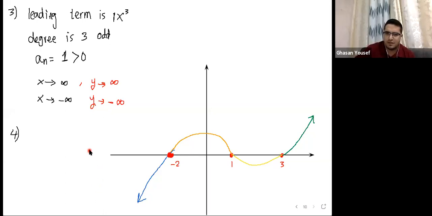So it's clear? Any question? Any question for this example?